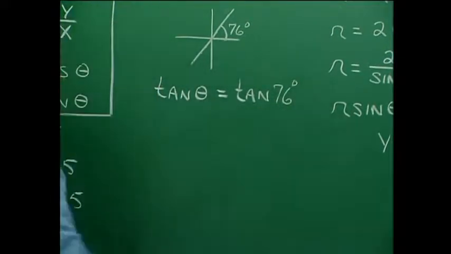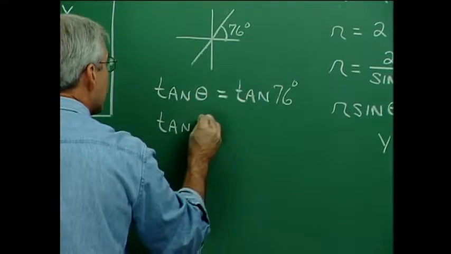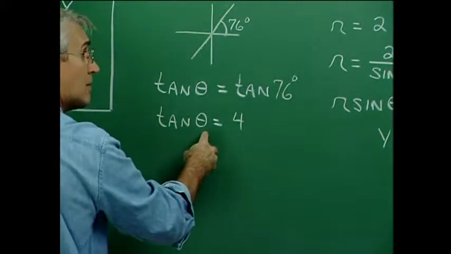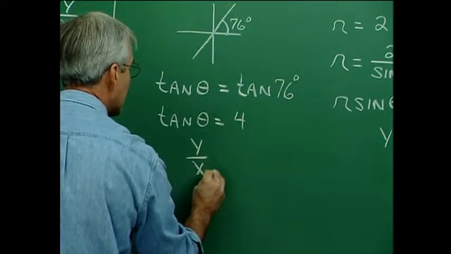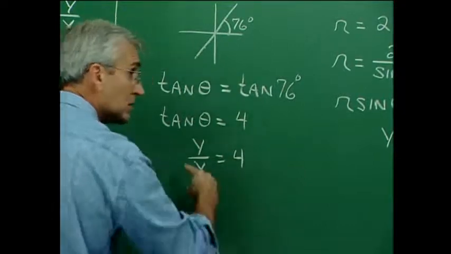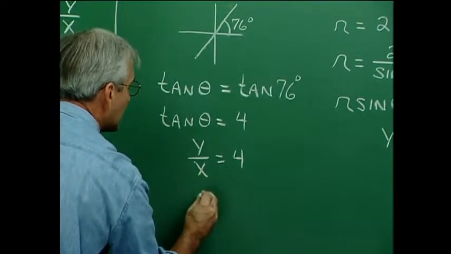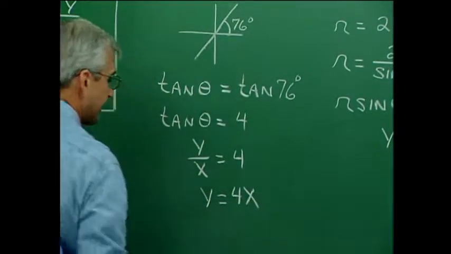We'd have this. Now, tangent 76 degrees is about 4, so this is tangent theta is equal to 4. Now, tangent theta can be replaced with y over x. So this is y over x then equals 4. And here's our rectangular form of the equation. And if I multiply on both sides by x, I find this to be y equals 4x.